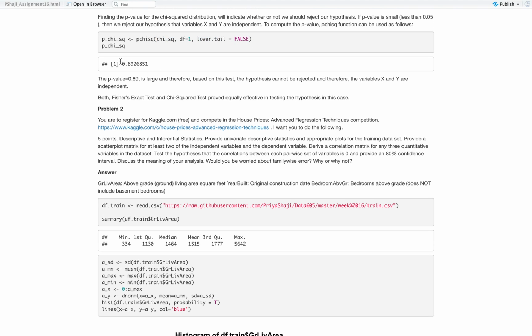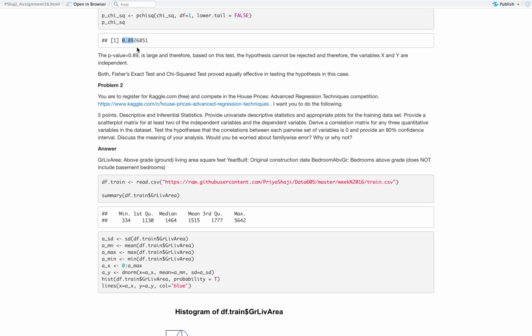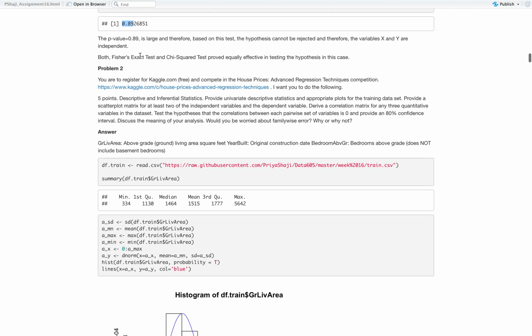We get the pchisq value as 0.89. Now this value is large, and therefore based on this test the hypothesis cannot be rejected, and therefore the variables X and Y are independent.